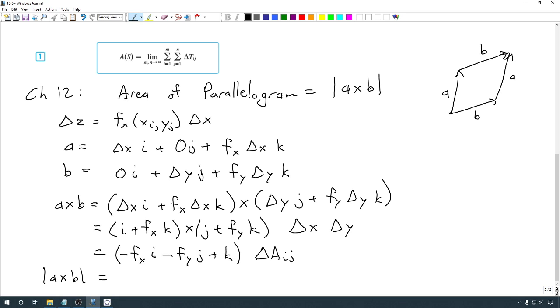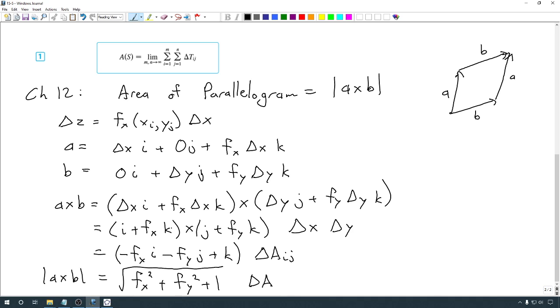We use the Pythagorean theorem type way of computing the magnitude of vectors. We take our first factor, square it, add the second factor squared, and so on, and then we take the square root of all that. So we'll end up with the square root of f sub x squared plus f sub y squared plus 1. Then we have the delta A at the end.